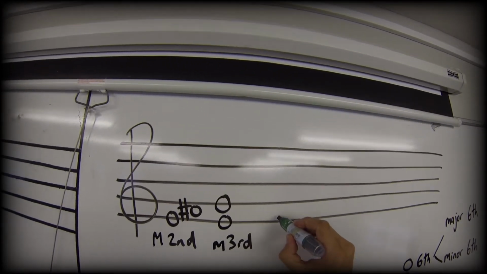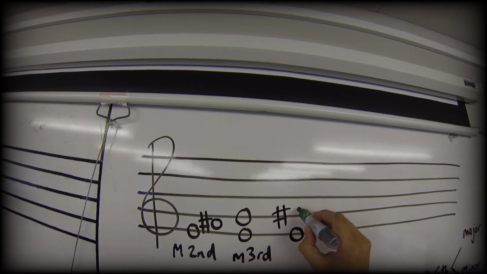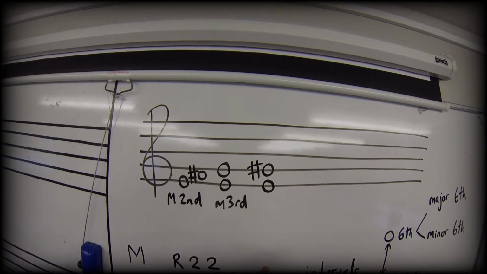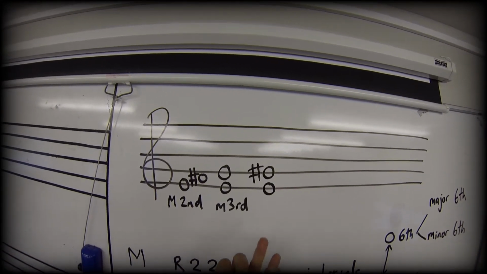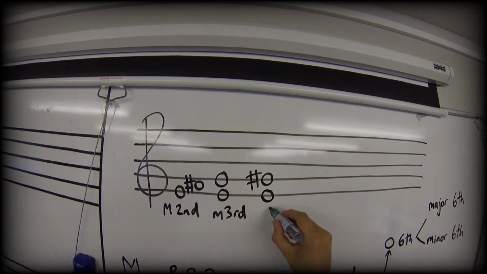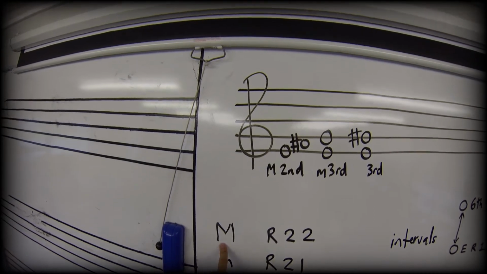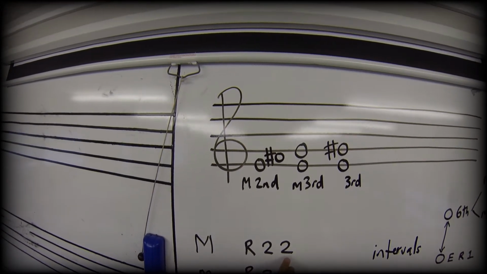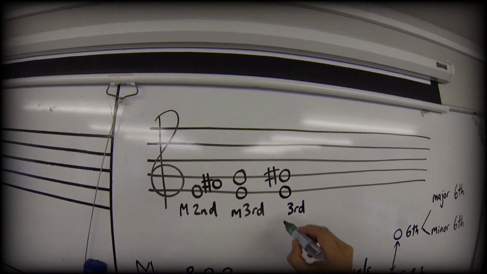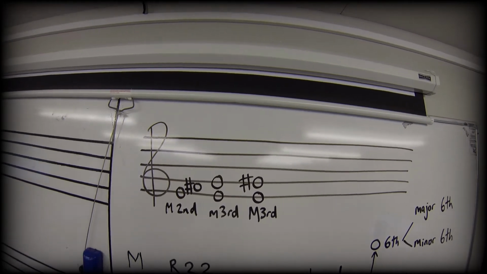If I heard this, la, la, I'll just count it on my fingers again. Root or 1, 2, 3. It's a third again, but this time I have used the major scale. Root, 2, 2. So this here is a major third.